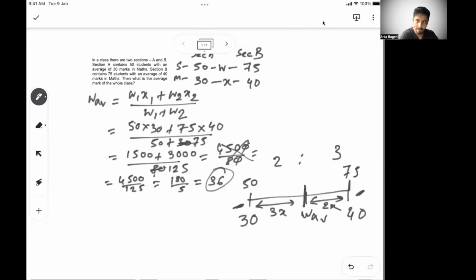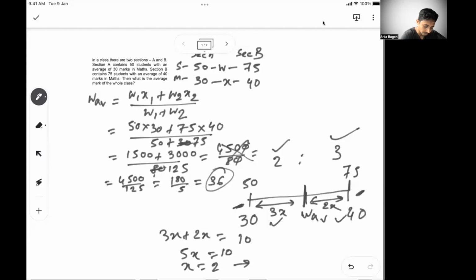If I add these, 3x plus 2x is equal to the gap between 30 and 40. How much? It's 10. So 5x is equal to 10, so x is equal to 2. That means 3x is equal to 6. If you add 6 here, this point is nothing but 36. This is another way of doing weighted average.